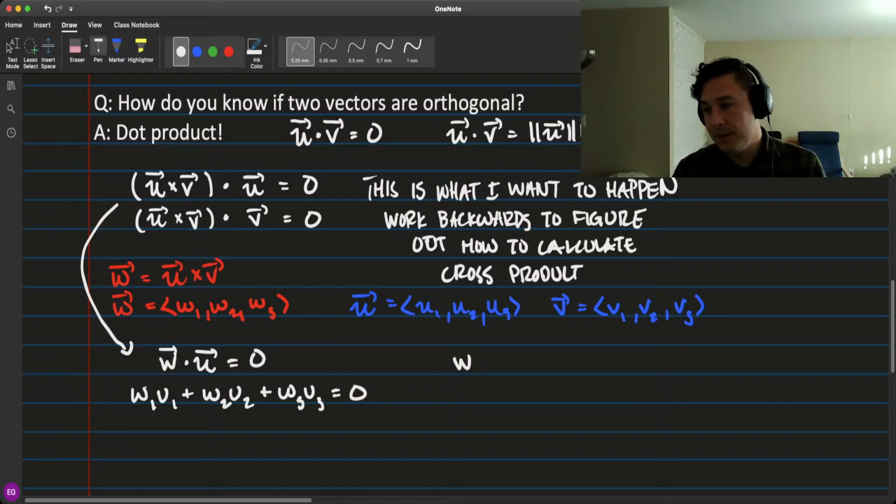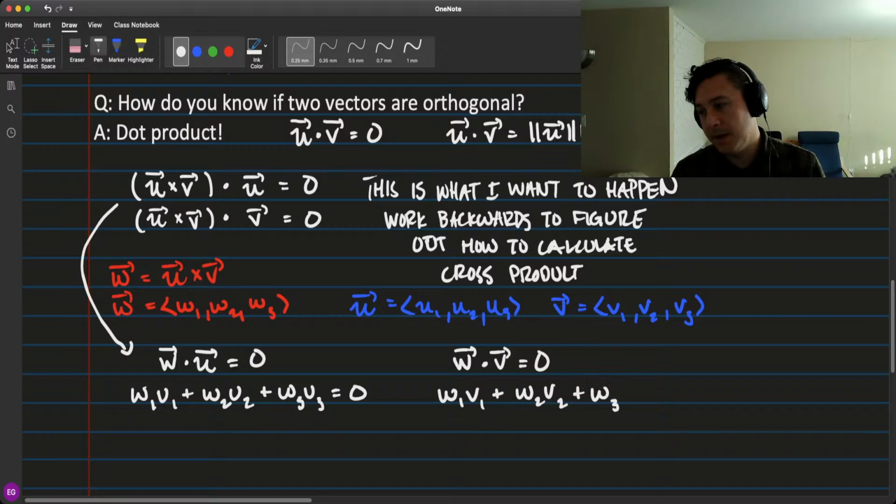I also know that W dotted with V is 0, which means W1 V1 plus W2 V2 plus W3 V3 equals 0.